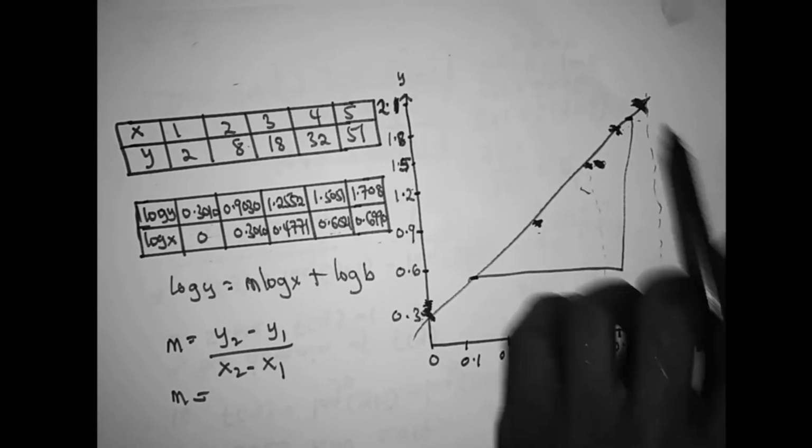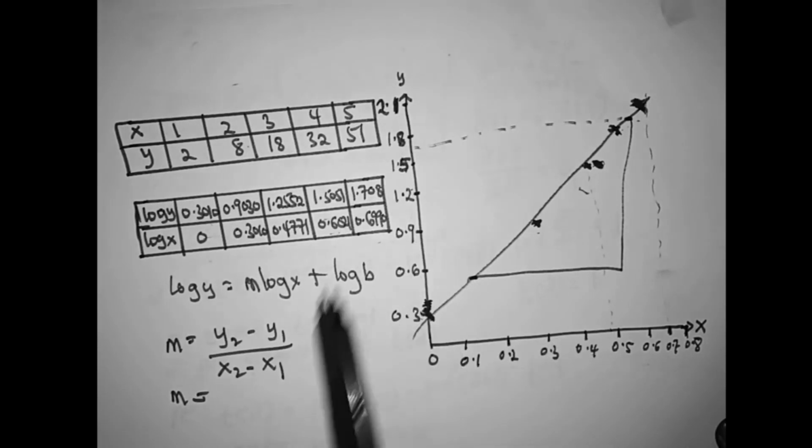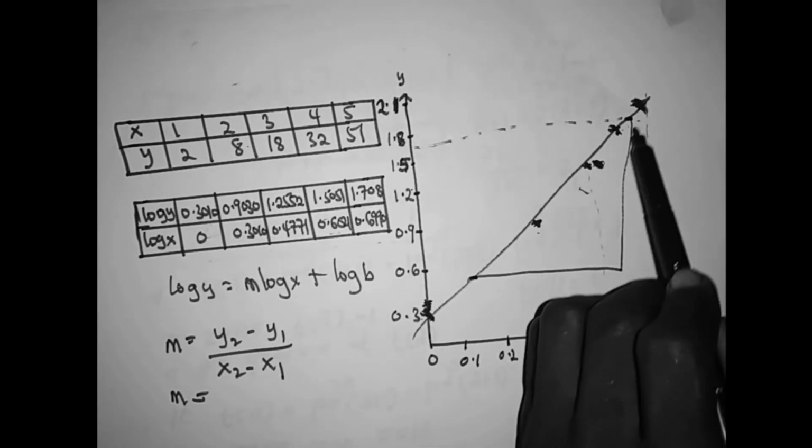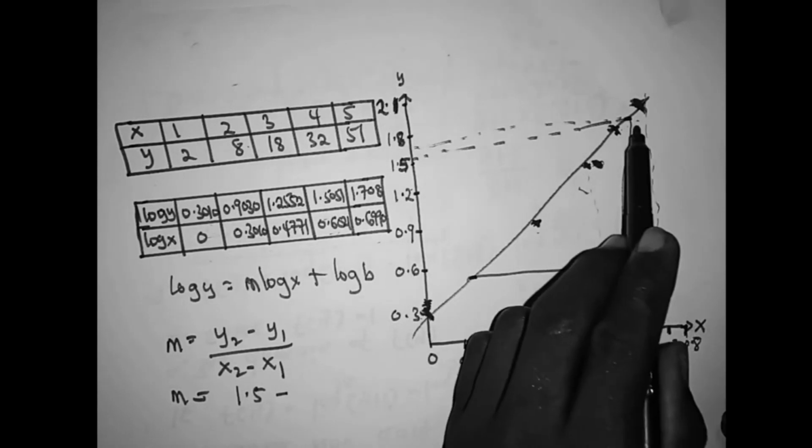So m is equal to, if you trace this on the y-axis, somewhere around 1.5, then minus 0.6, divided by, and the denominator is somewhere 0.6 minus 0.15.